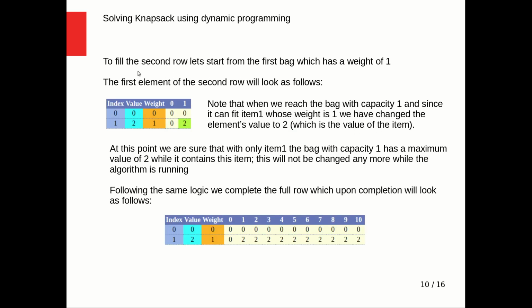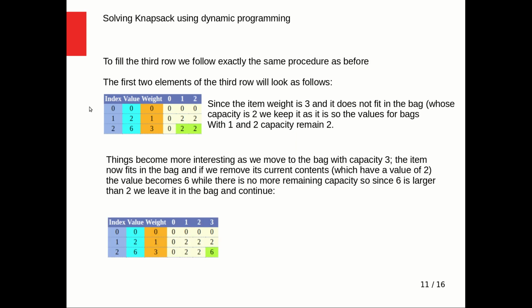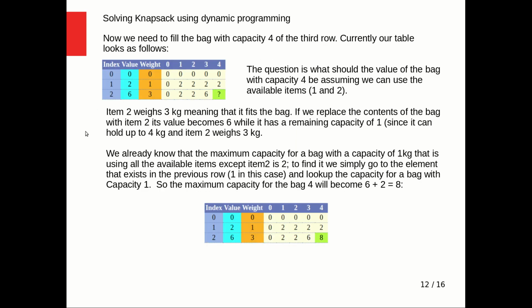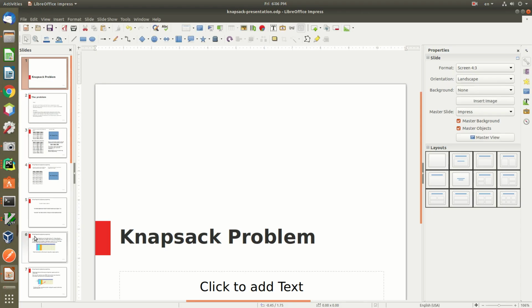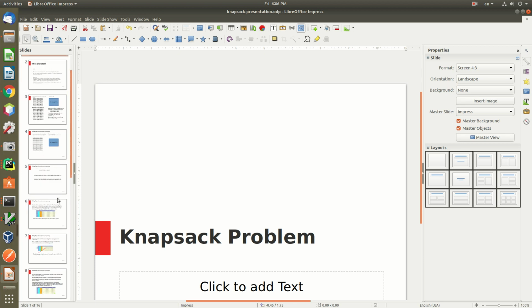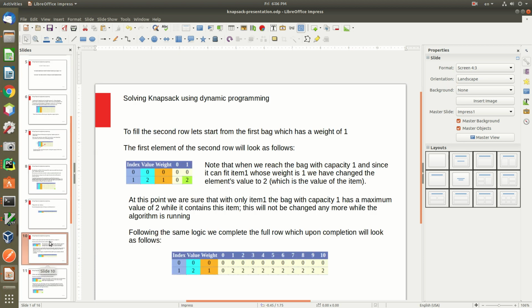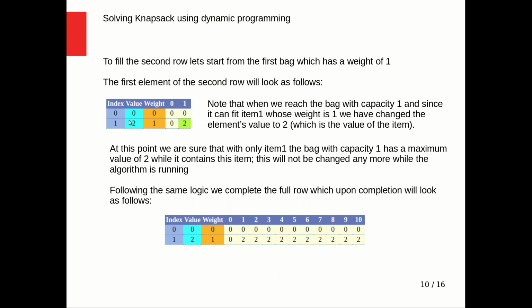Moving to the next element is a little bit more interesting. Here we have to add the item indexed 1, which has a value 2 and a weight 1.